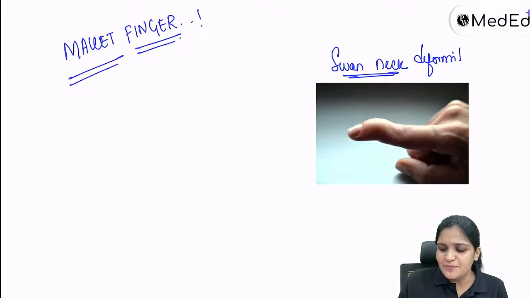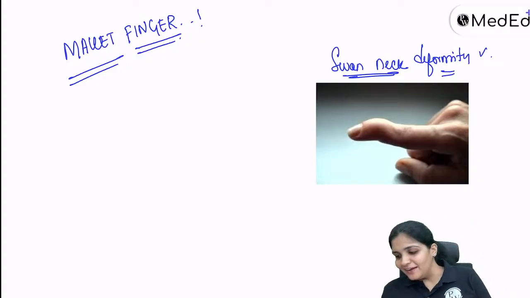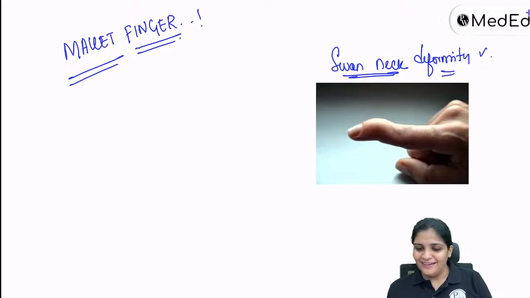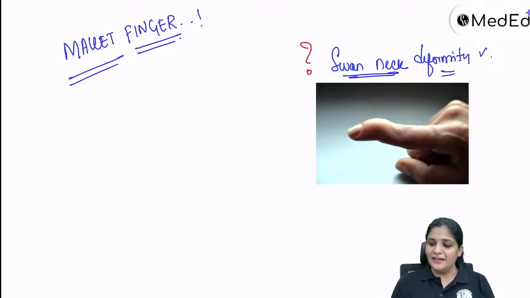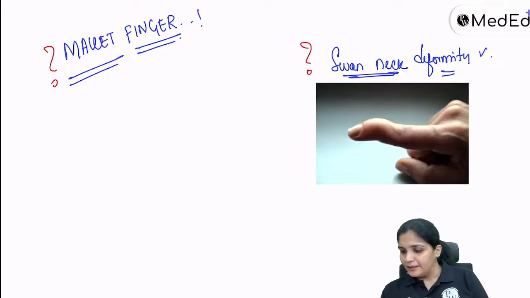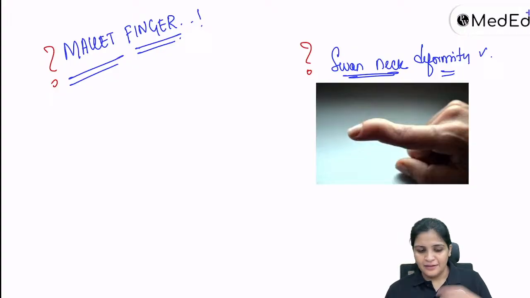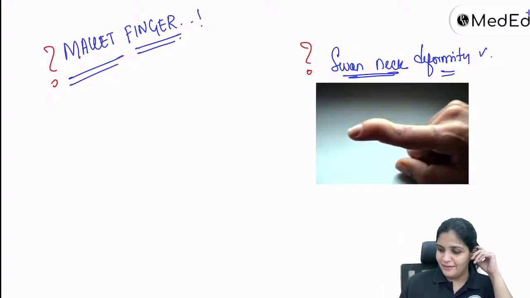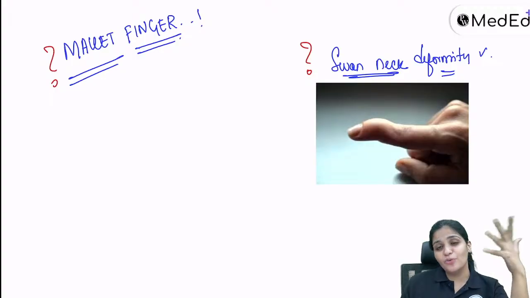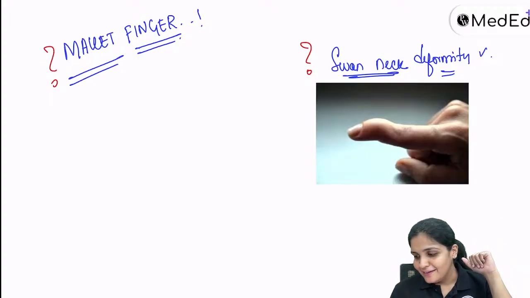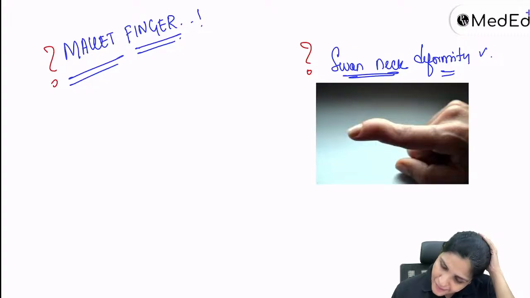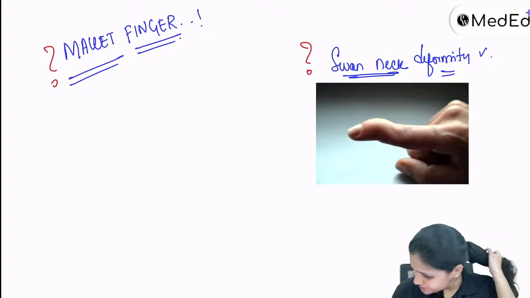So what is the difference between swan neck deformity and mallet finger? Let us understand why it is not swan neck, why it is mallet. Cricketers. FDP tendon rupture. Okay. If the flexor tendon is ruptured, why is it going into flexion? Right, Rajan?